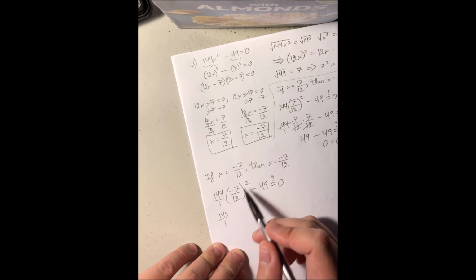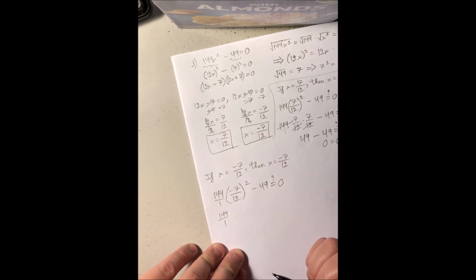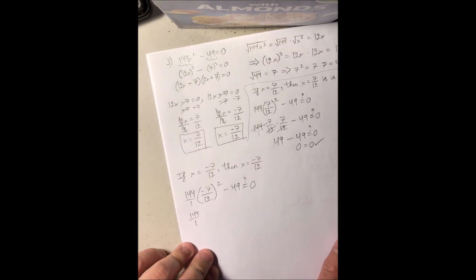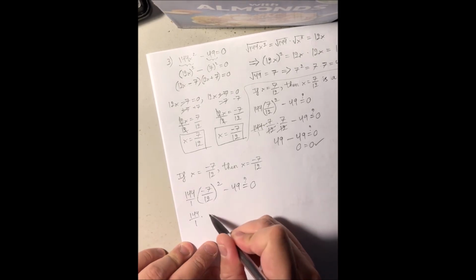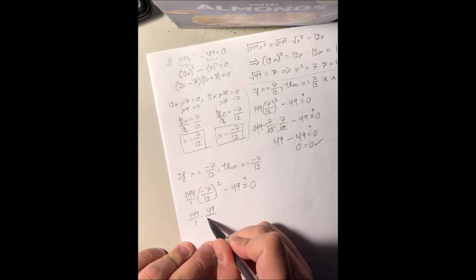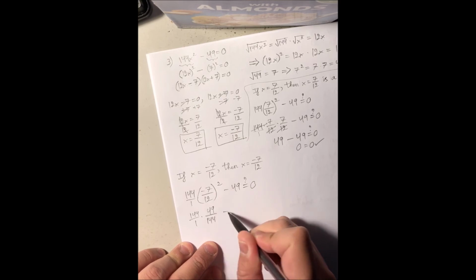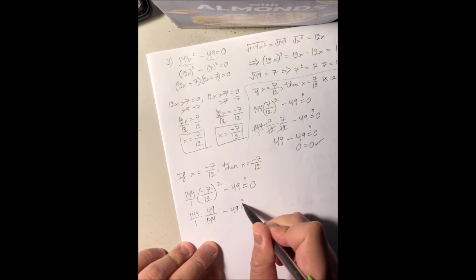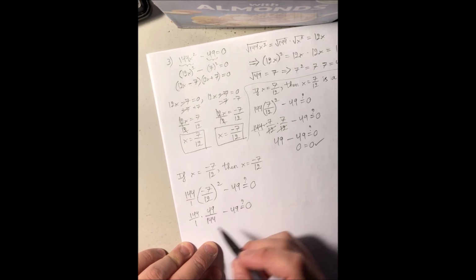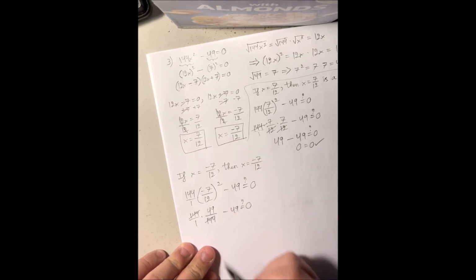Negative 7/12 raised to the second power is the same as negative 7/12 multiplied by negative 7/12. That's going to give us, again, positive 49 divided by 144. But guess what? The common term 144 cancels out again.